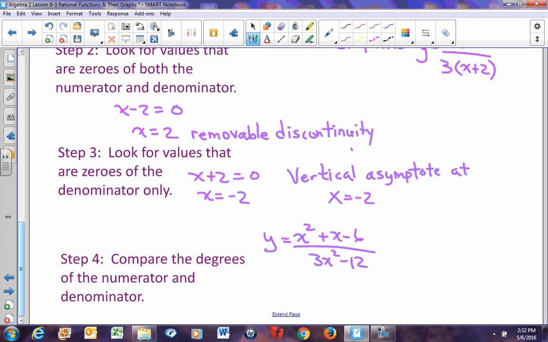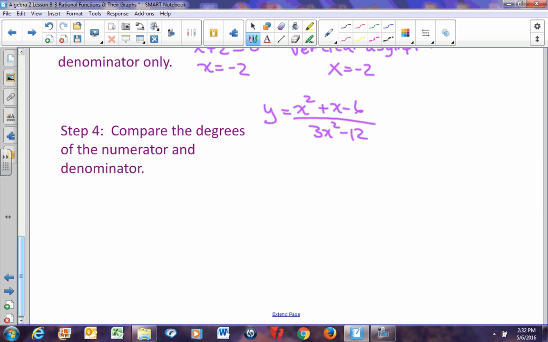So we're going to compare the degrees of the numerator and the denominator. If the degrees are the same, then we end up with a horizontal asymptote. I'm going to discuss this a little bit further; I'm just introducing it to you right now. Since I have a degree of 2 here and a degree of 2 here, the degrees are the same, which means I have a horizontal asymptote.